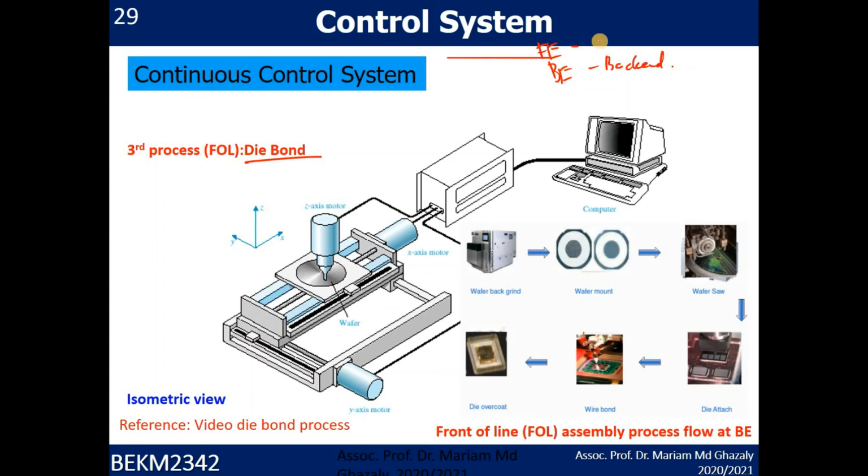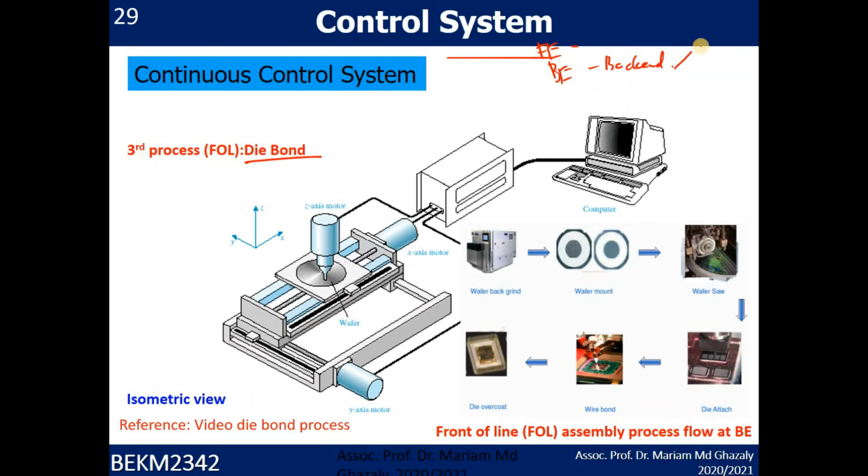Front end is more about how to produce the wafer, and back end is for the assembly. Go through the appendix in ULearn, where for each of the front end and back end we have different processes. This one is an example of the front of line.